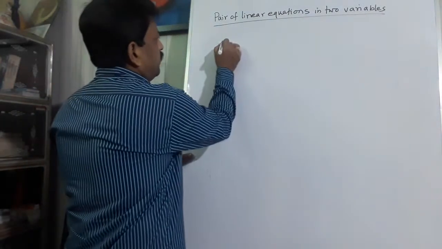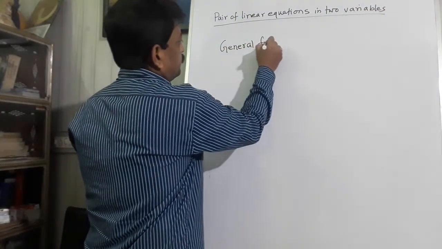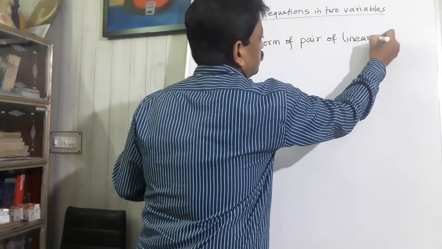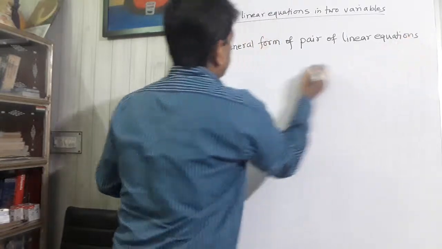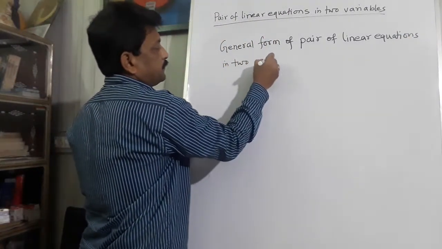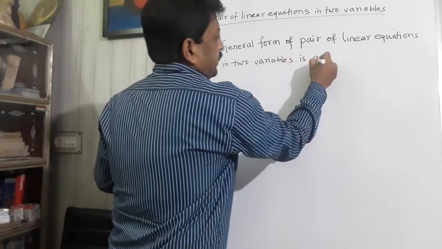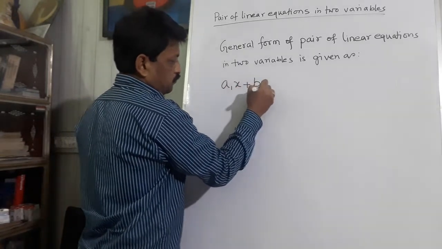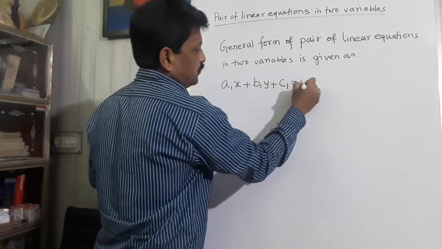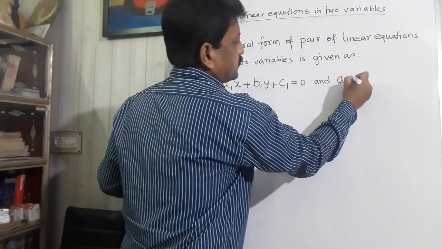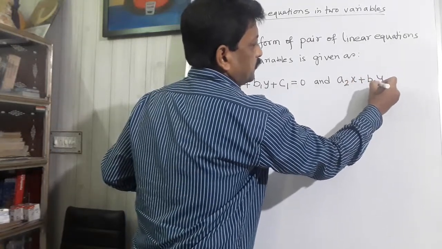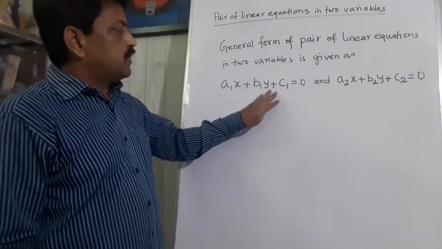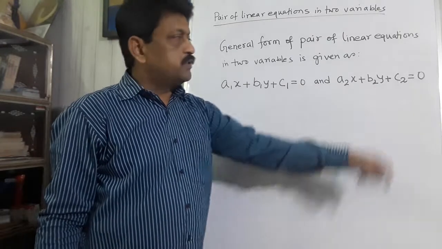So the general form of a pair of linear equations in two variables is given as a1x + b1y + c1 = 0 and a2x + b2y + c2 = 0.